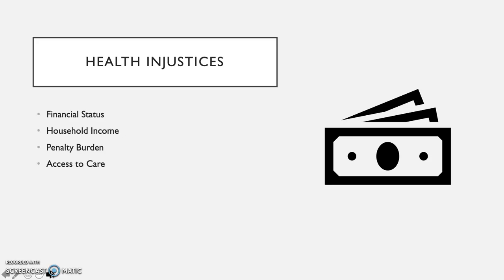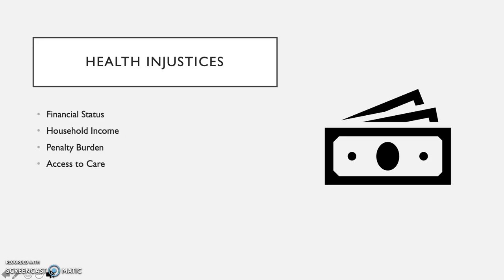I think that this case could also be argued in a sense of potential health injustices, depending on financial status and household incomes. Buying off of the exchange could be a financial burden. And then if insurance isn't bought, then there is the burden of having to pay the penalty for not having that minimum coverage.